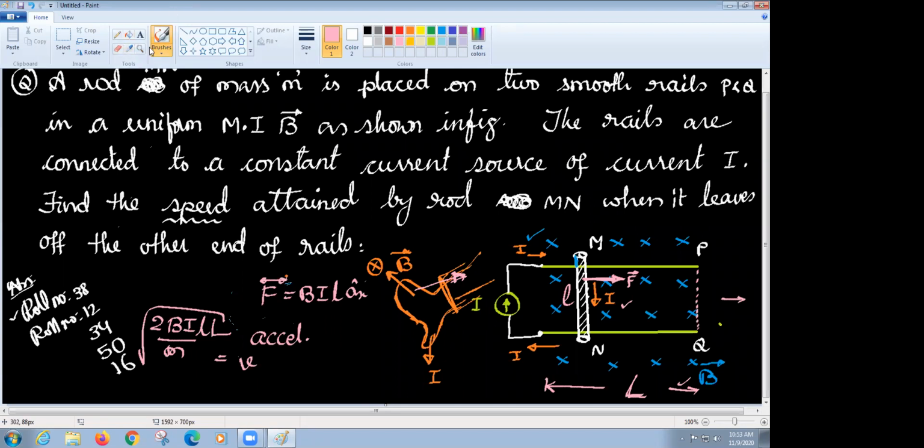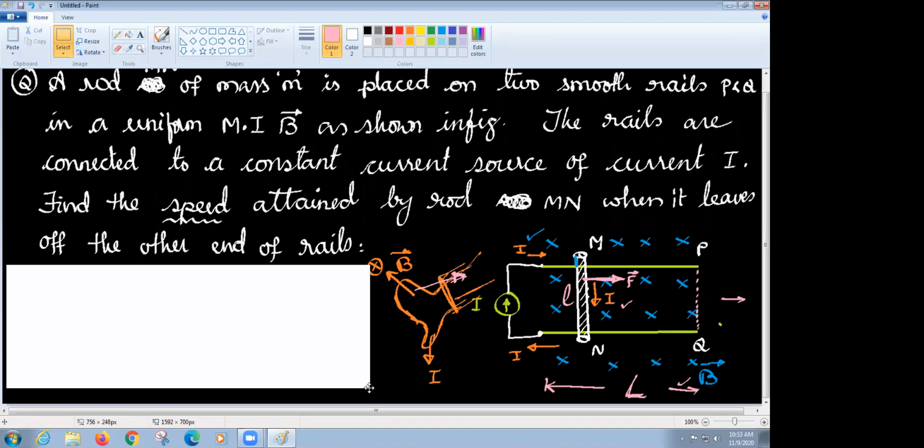I took a snap of this. Whoever didn't understand this, for them I'm doing it here. I know the force experienced by the rod towards the right is B I small l, where small l is the length of the rod MN sliding on the rails PQ.